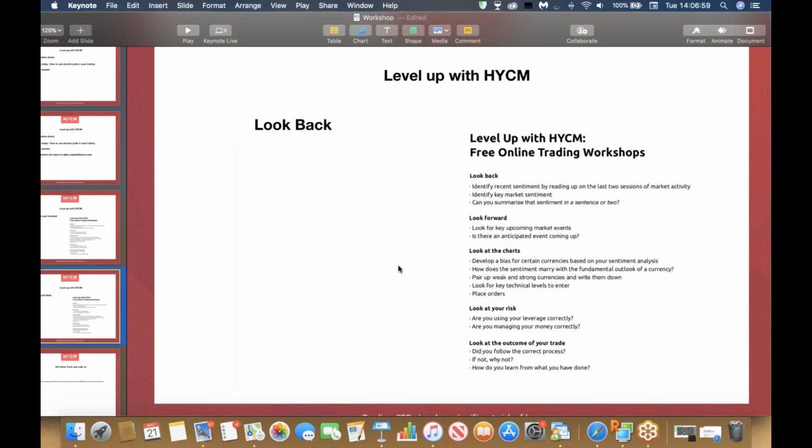So we're going to start by looking backwards, and we're always trying to summarize the sentiment that we're looking at. So we're going to read up on the last two sessions of market activity. We're going to identify the key market sentiment and summarize that sentiment in a sentence or two. Now today, there's one big narrative that's really been taking control of the markets recently, and that is the US-China trade war.